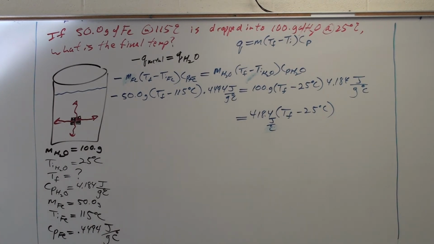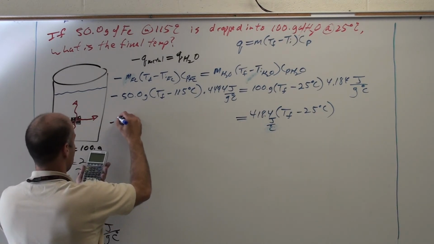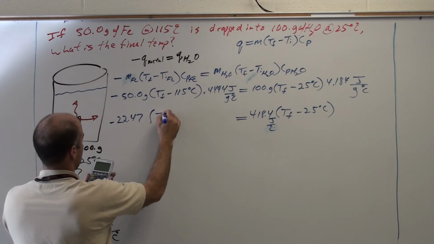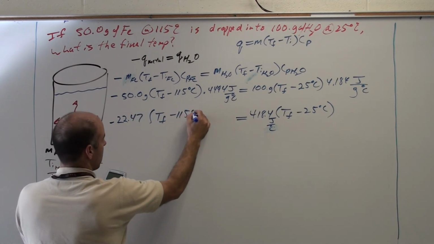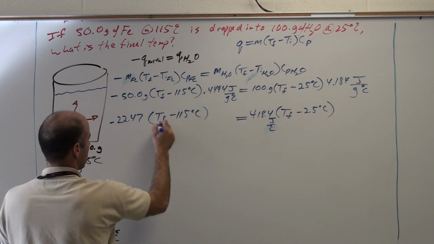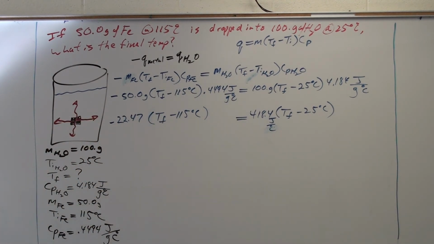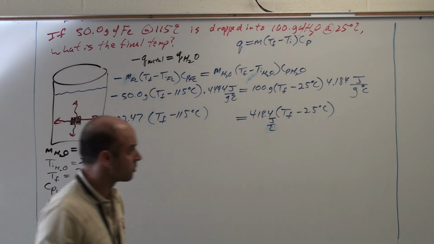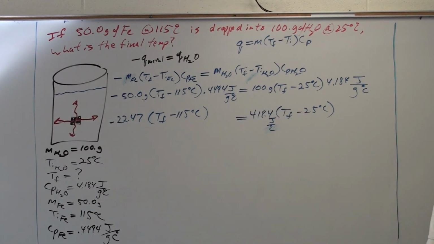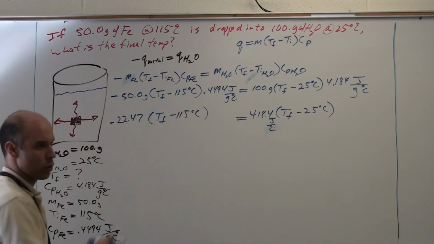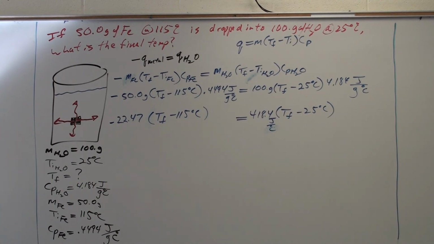You don't want to lose the negative. Then we will distribute and combine like terms.